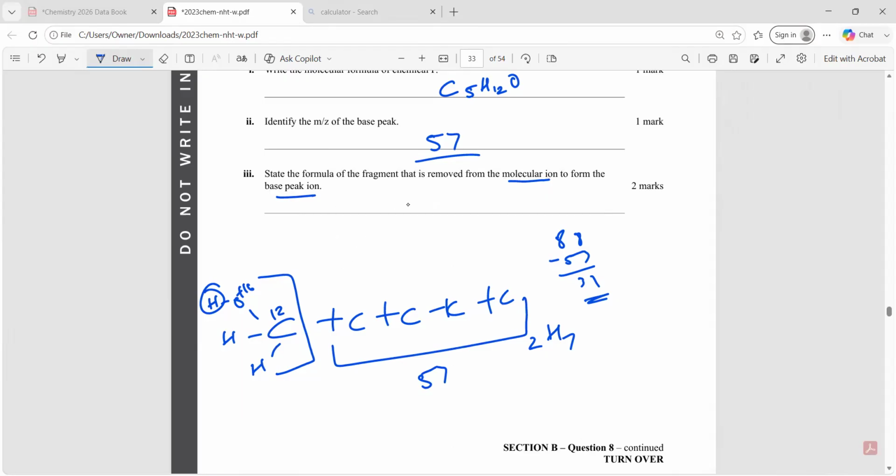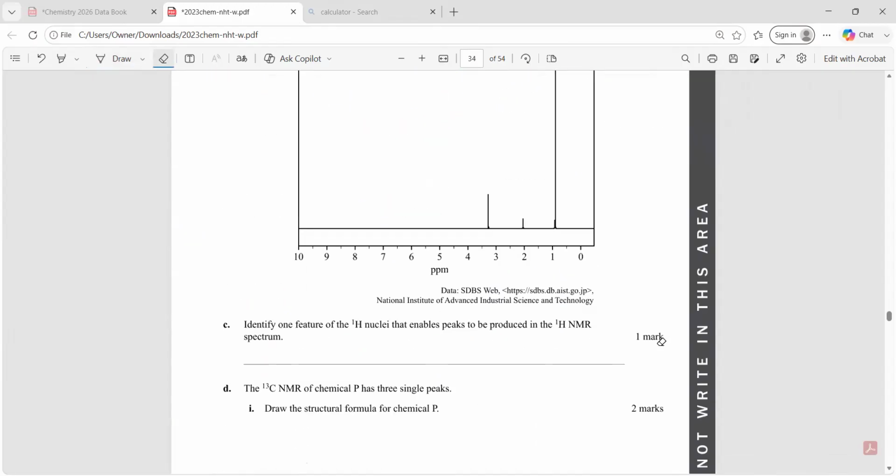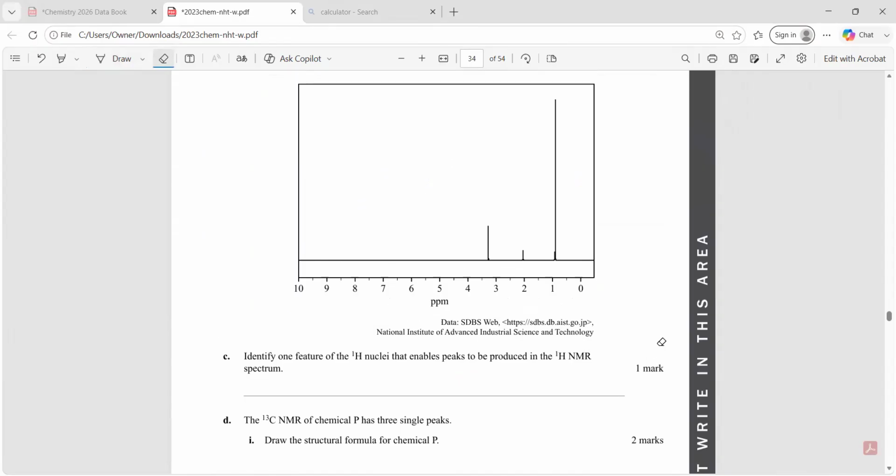So this has been removed so that we can form the base peak ion, I think. So C, 1, 2, 3, 4, so CH4. The biggest thing here is to make sure that you're writing the plus there. You need to show that it has lost an electron, which is why it can go through the mass spectrometer in the first place.